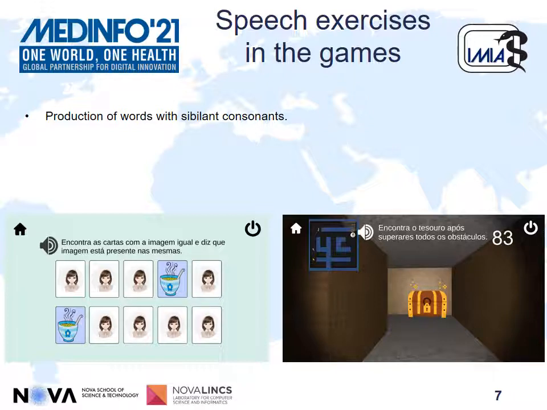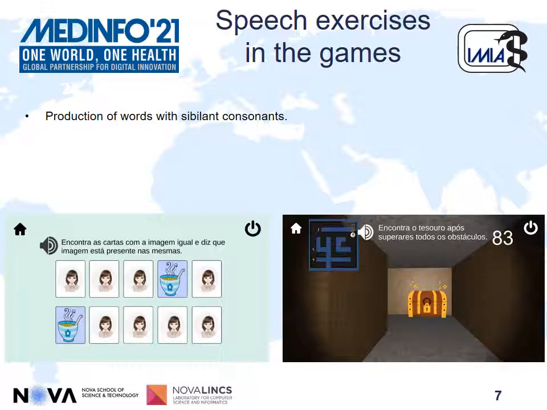In order to classify the speech production, the games use automatic speech recognition. They use a sibilant consonant classifier that identifies if the child correctly pronounced the sibilant sound, and they use a keyword spotting system to identify if the child produced the correct word.